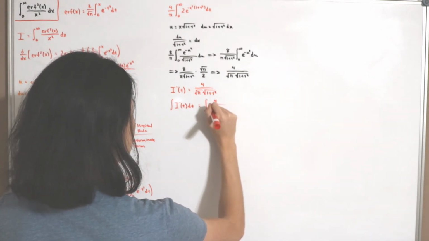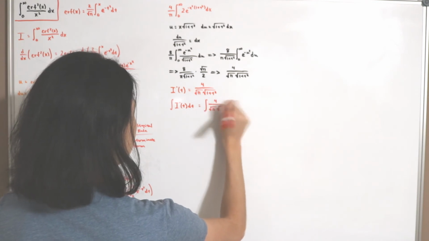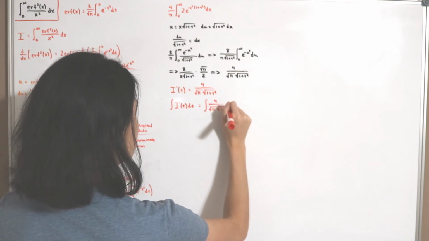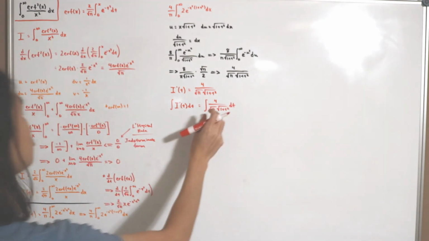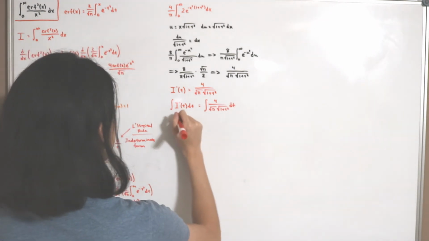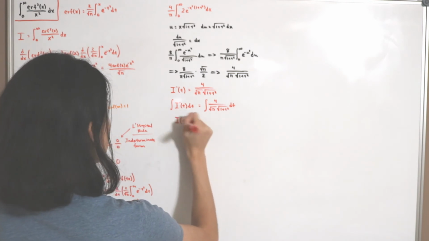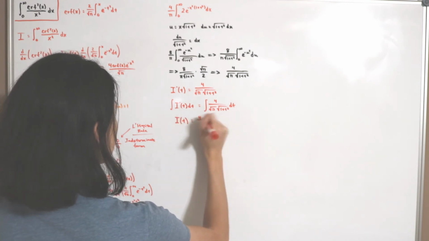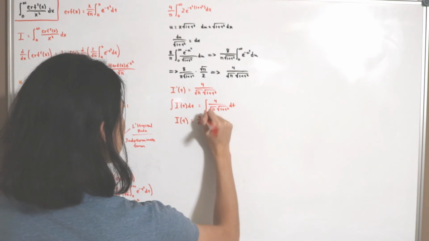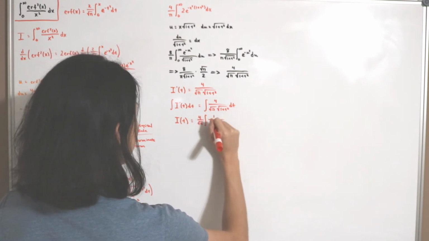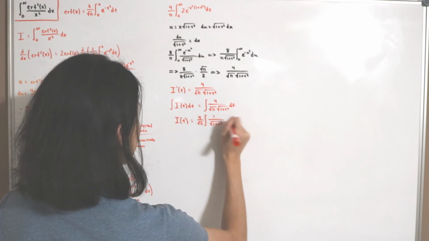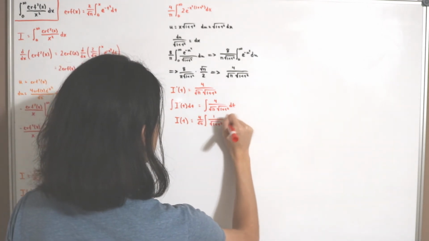Obviously we know that this is just I of t, and over here this is 4 over square root of pi, multiplied by the indefinite integral of 1 divided by the square root of 1 plus t squared, dt.